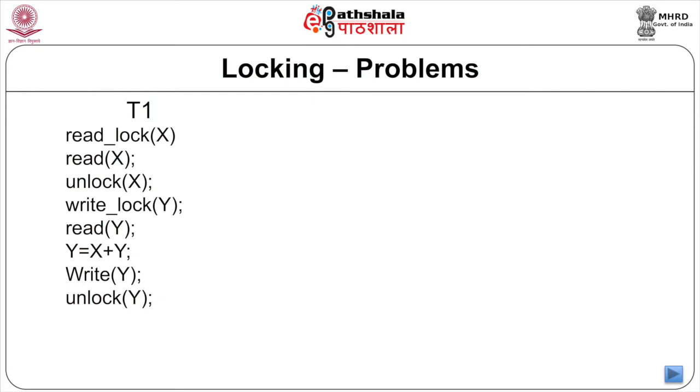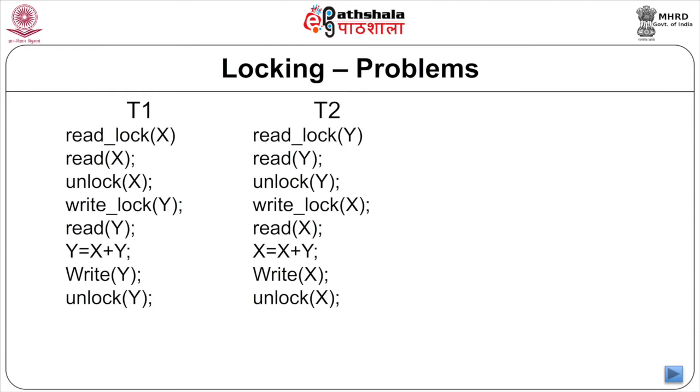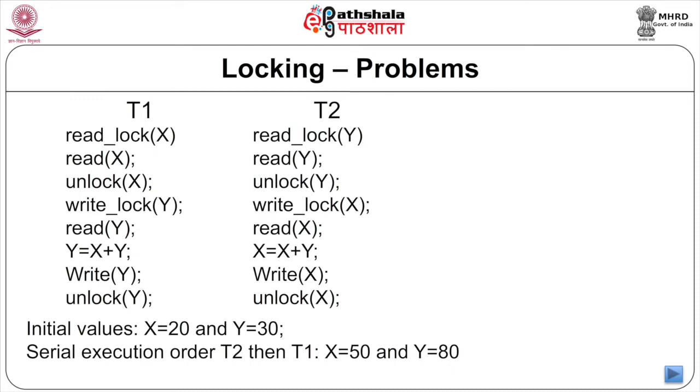On the other hand, transaction T2 is first acquiring a read lock on Y to read and unlock. After that, it is acquiring a write lock on X, reading X, doing the execution, writing in X and unlocking X. If we take the initial values of X and Y to be 20 and 30 respectively, and take an order of T2 followed by T1, then the final values of X will be 50 and Y will be 80.